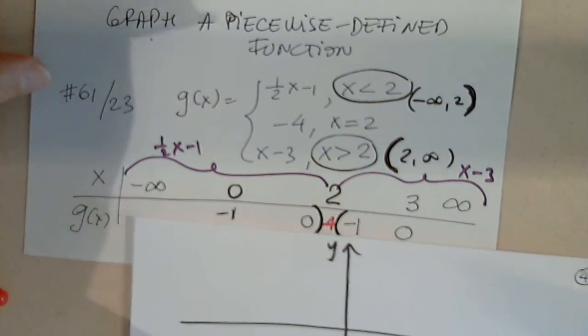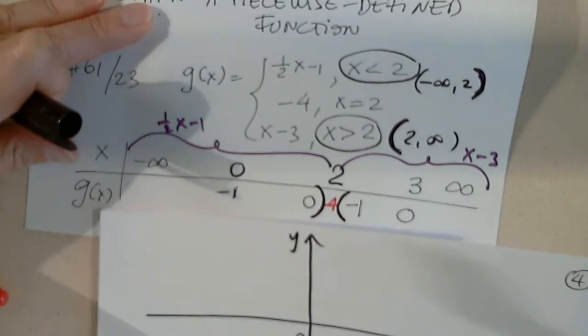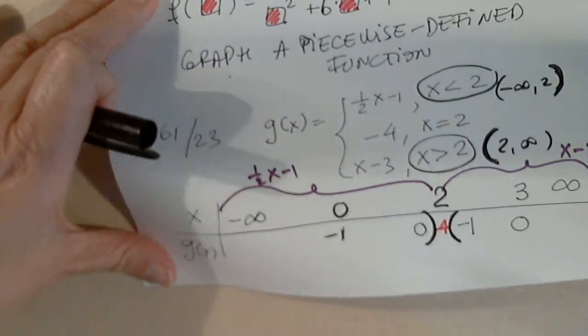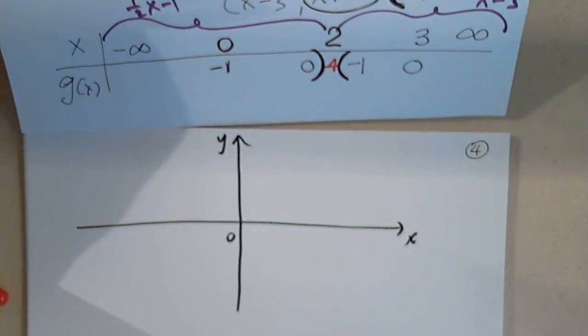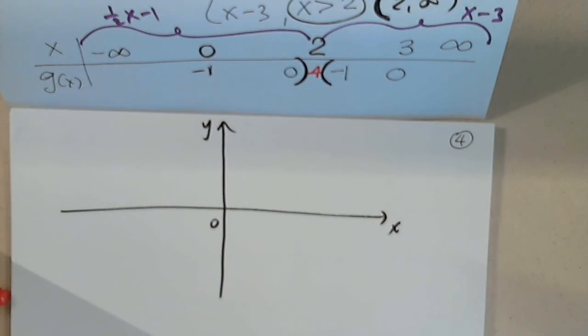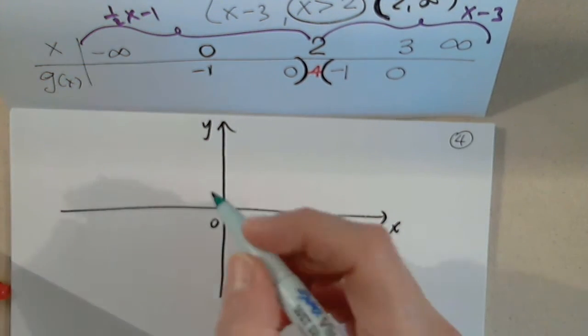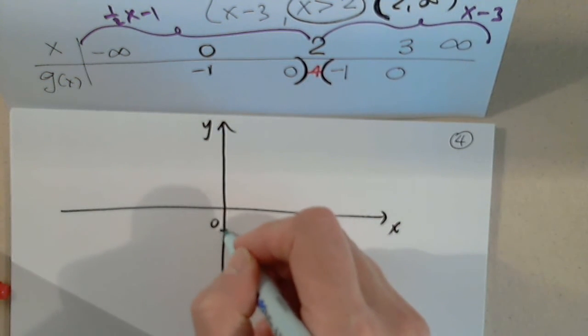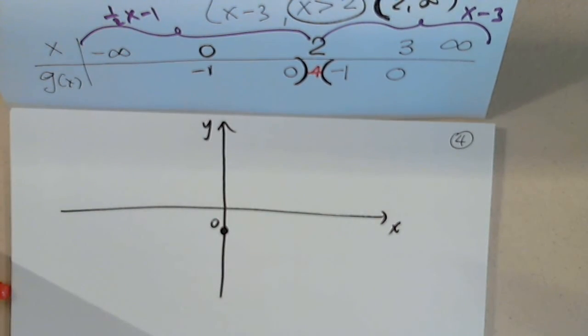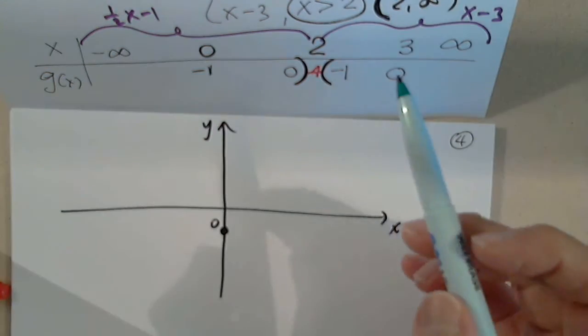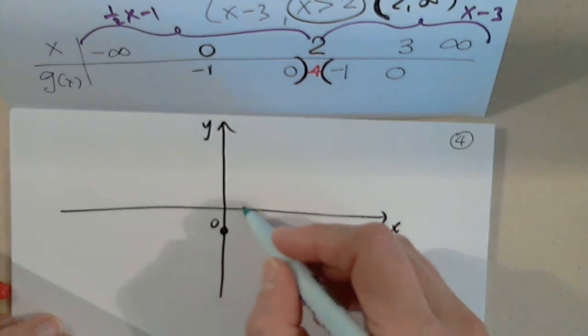The first point that I start with is the point 0, -1. So I put that point from the chart into the Cartesian system. So 0, -1 is this point. The next point that I have to put in the chart will be 2, 0.